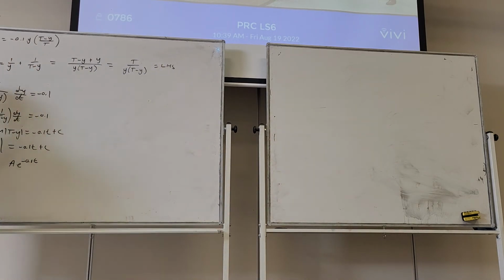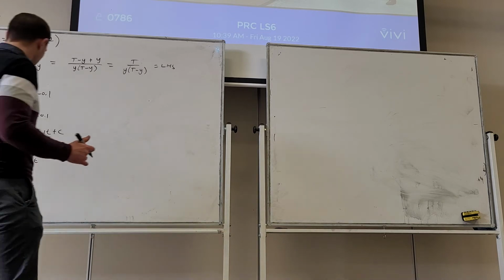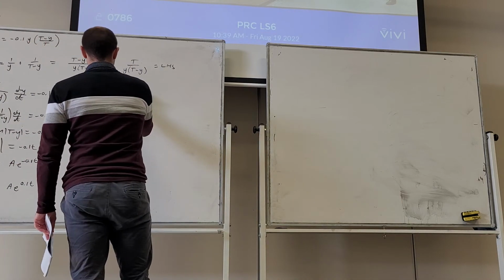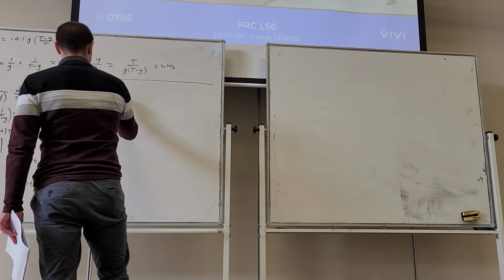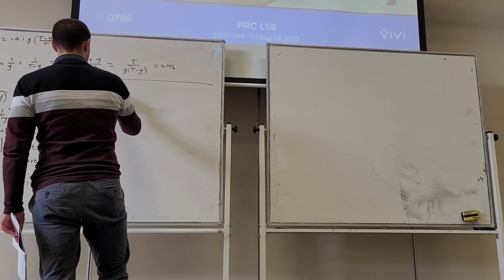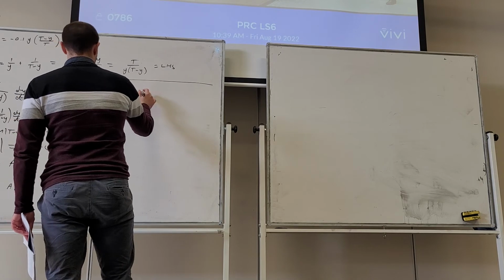So we'll have here T take y on top of y equals A e to the power of 0.1t. It's going to change it from the negative to the positive. Split the denominator on the left hand side. So we've got T on y, take y on y.